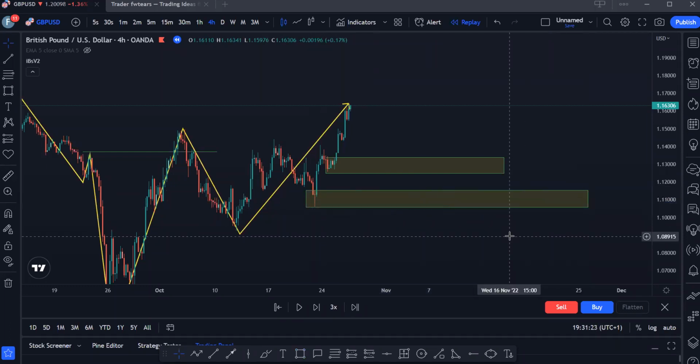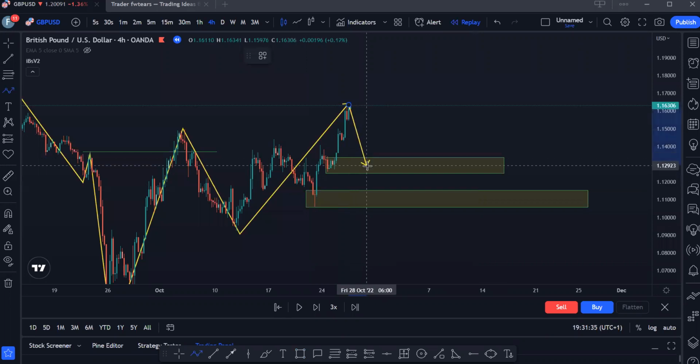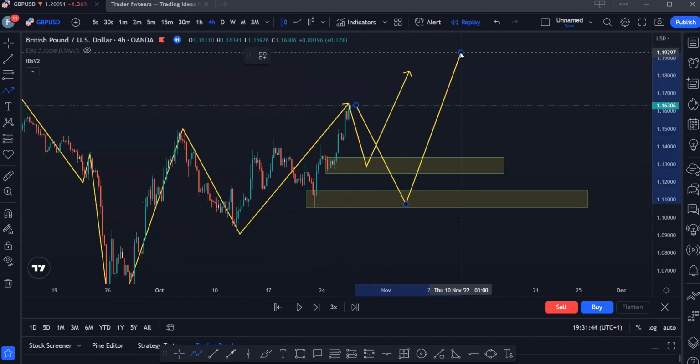So price is currently at a higher high. If you buy in this uptrend, you want to wait for price to either retrace into this place and then look for buys, or retrace into this place and then look for buys.